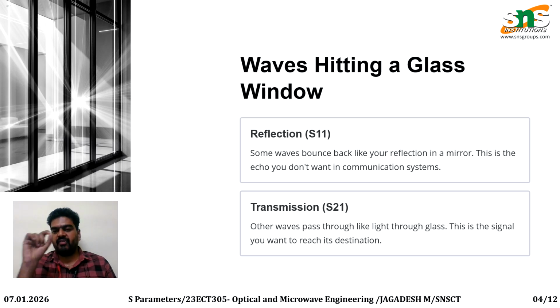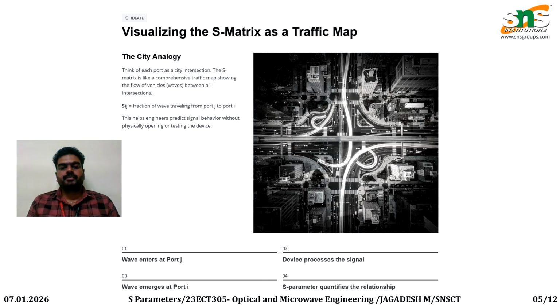That is defined as S11. Transmission means S21, that means first port to second port, the wave traveling to the second port. This is the transmission, and S11 is the reflection.